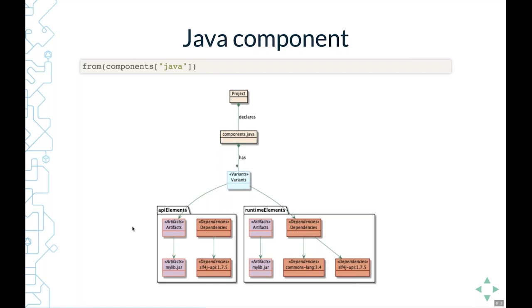And those variants, maybe you found a name during your day-to-day usage of Gradle, we have this name API elements and this name runtime elements, and those correspond to different variants of that Java component. And when we talk about separating the API from the implementation of a component, this is how it is defined. So you can say that my API actually provides some artifacts, but also some dependencies.